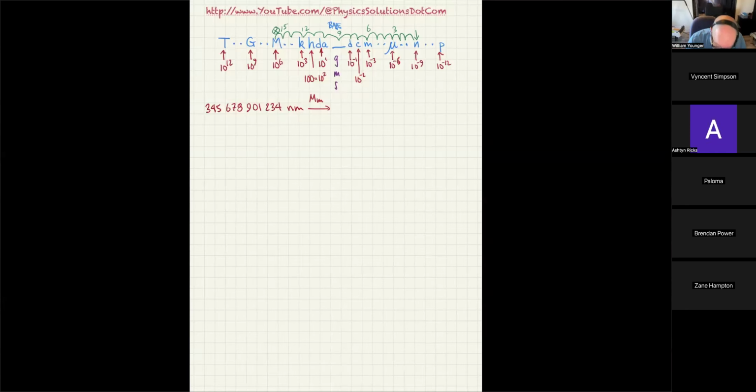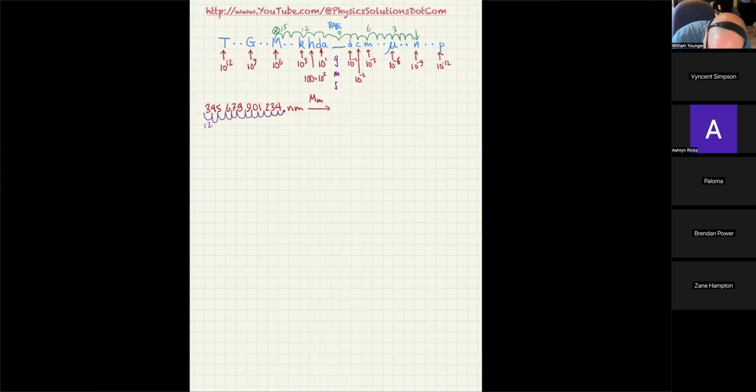Okay, so the decimal in this number 34567890123 is understood by convention to be right there where I put that purple one in. So what I need to do is move it to the left 15 places. So that's 1, 2, 3, 4, 5, 6, 7, 8, 9, 10, 11, 12 right there. And I still need to go farther.